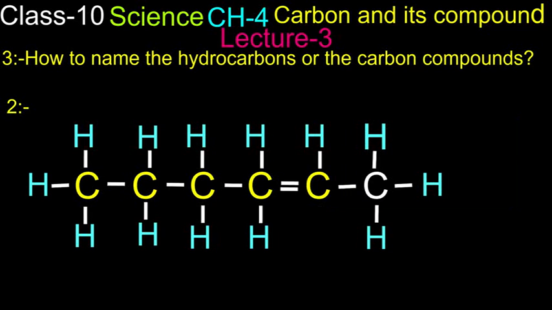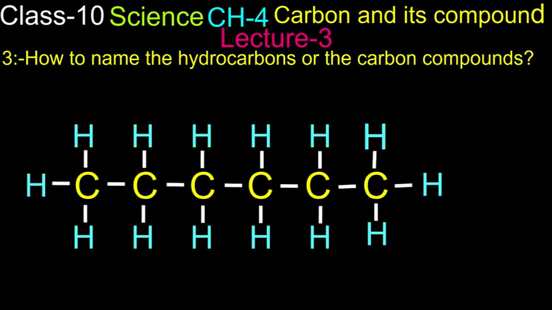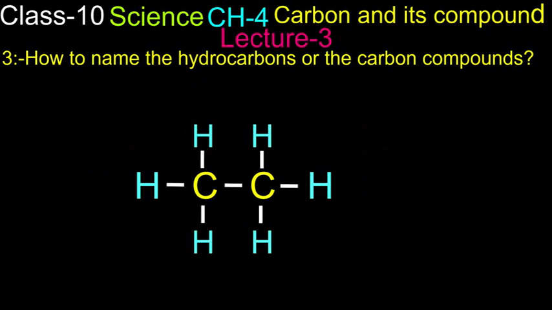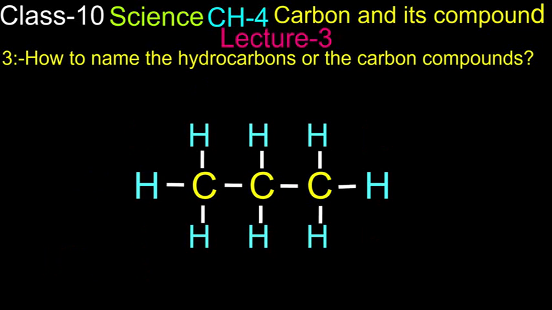If no functional group, then we need to look for a double or a single bond. If all bonds are single, the hydrocarbon is named with suffix ane. If, for example, carbon atom is 1, then it is methane. If 2, ethane. If 3, propane, and so on.